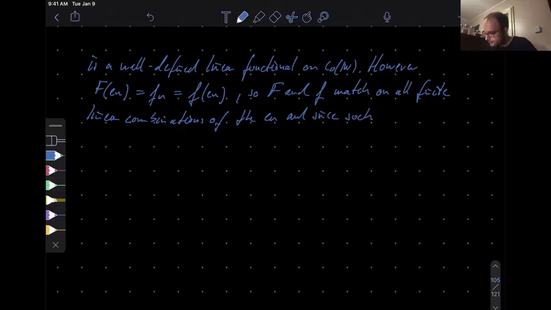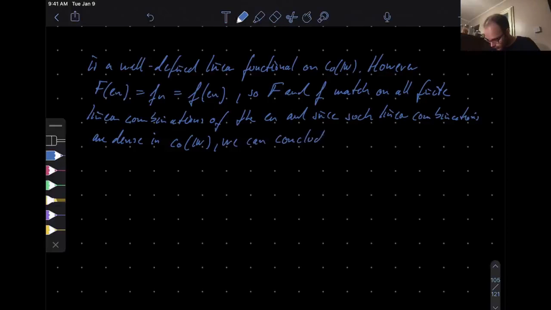And since such linear combinations are dense in Z_0, by exercises, we can conclude by continuity of both of those guys, that capital F and small f agree on all of Z_0.